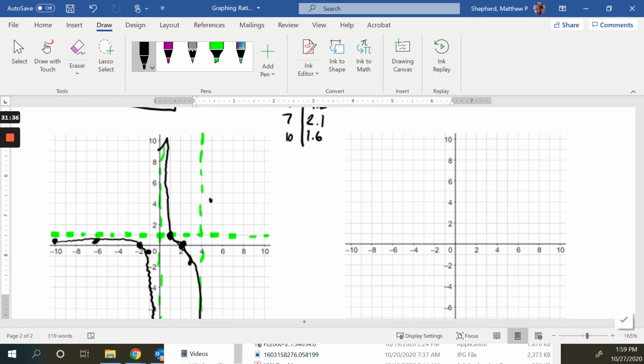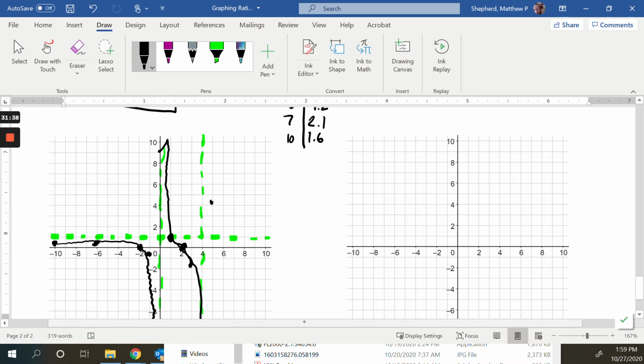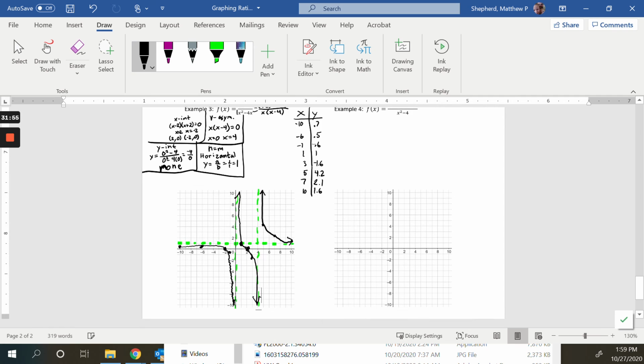At 7, 2.1. And at 10, 1.6. So using that as our guide, there would be our graph.